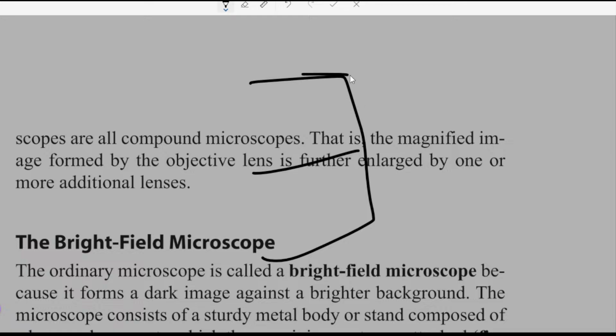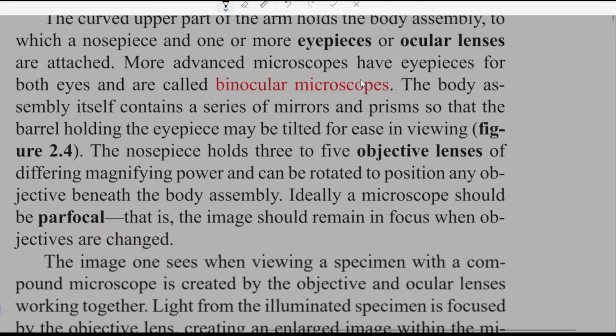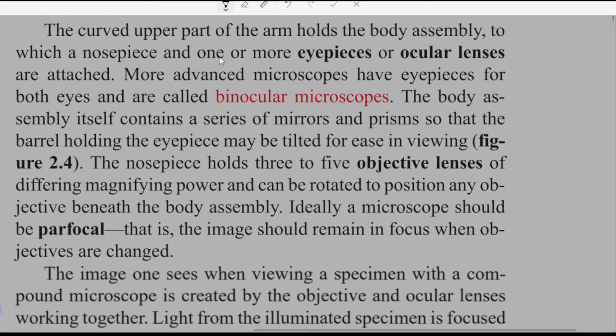So they are saying that the upper curvature of the arm holds the body assembly to which a nose piece, where we put our face, our nose and our eyes align to see into the lenses, and one or more eyepieces or ocular lenses are attached. You can call them eyepieces or ocular lenses. It's the same thing. Ocular means from the eye, right?